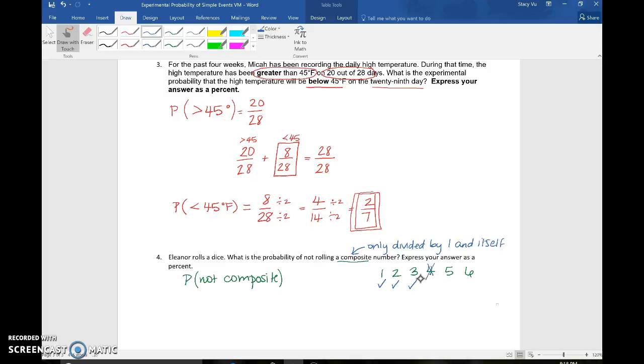So that is not a composite number. Then I have 5. 5 is only divisible by 1 and 5. And 6 is divisible by 2 and 3. So that's not a composite number. Okay, so I have 1, 2, 3, 4 composite numbers.